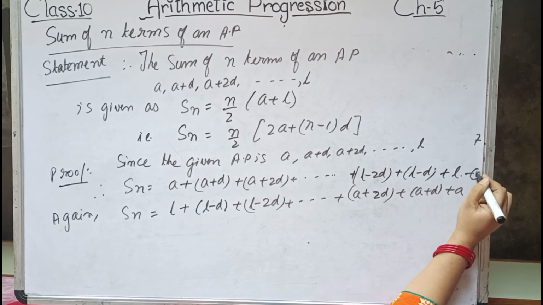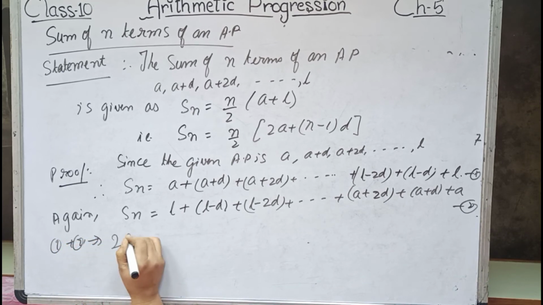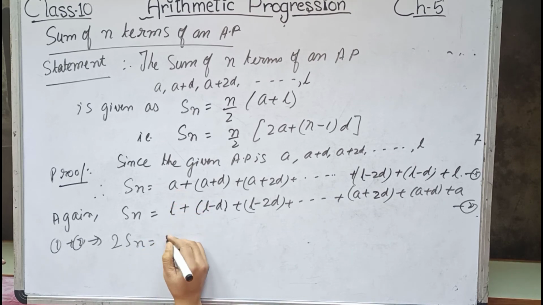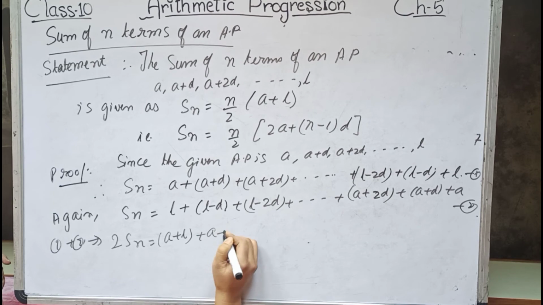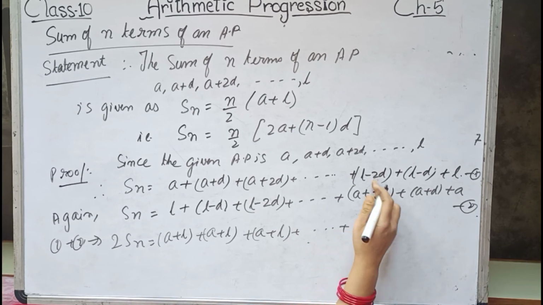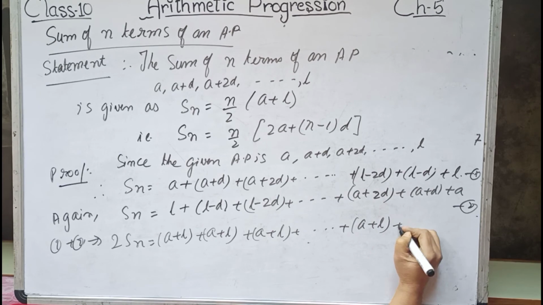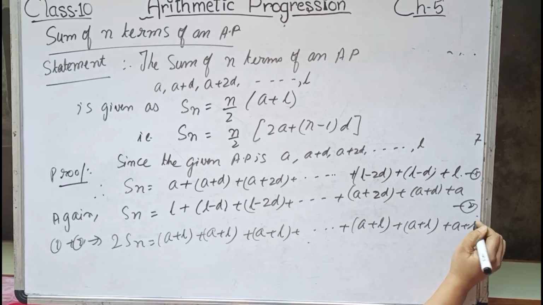Now I will be adding equations 1 and 2. So 1 plus 2 implies twice Sn equals, add this you will get a plus l, add this you will get a plus l, plus up to so on; add these two you will get a plus l, because this 2d will be cancelled; add this a plus l and add the last term a plus l.